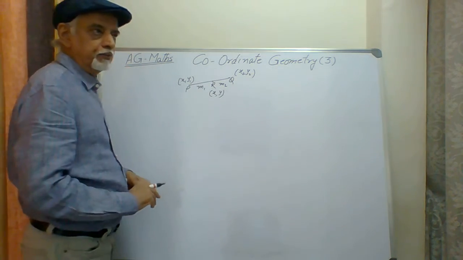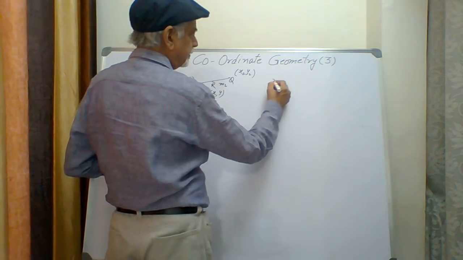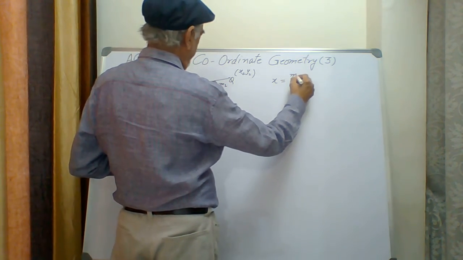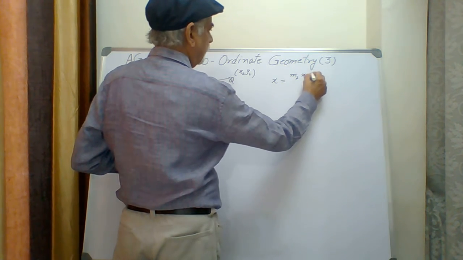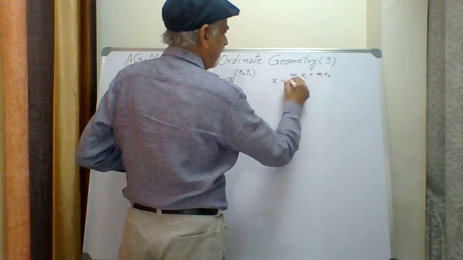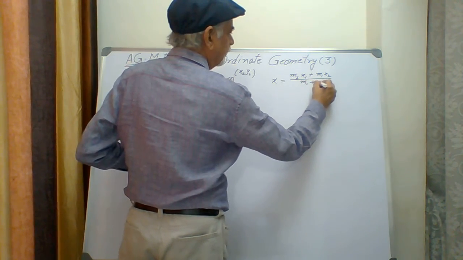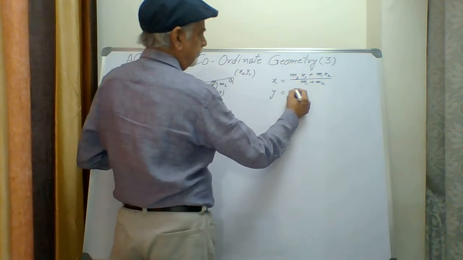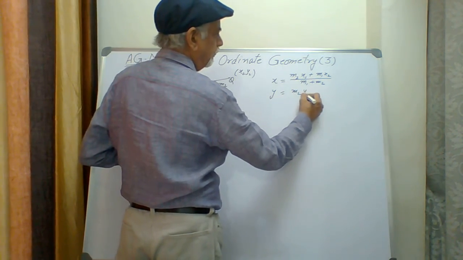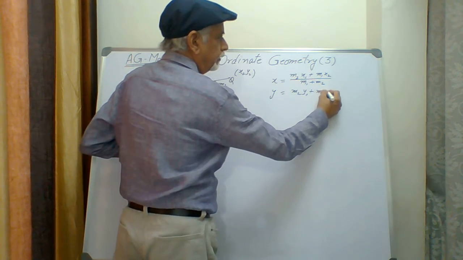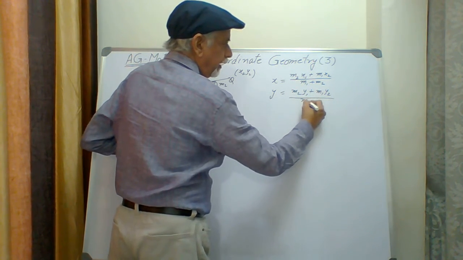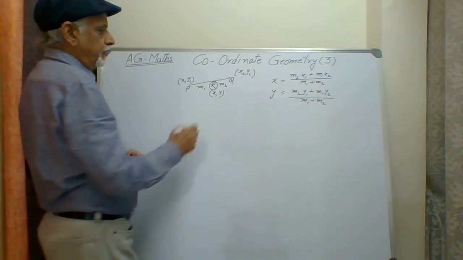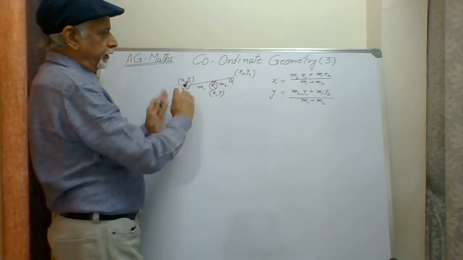So we deduced that the x value for the point R is m2 x1 plus m1 x2 by m1 plus m2, and the y value for the same point R was m2 y1 plus m1 y2 over m1 plus m2. This was done in the last class where the point is dividing the join internally.